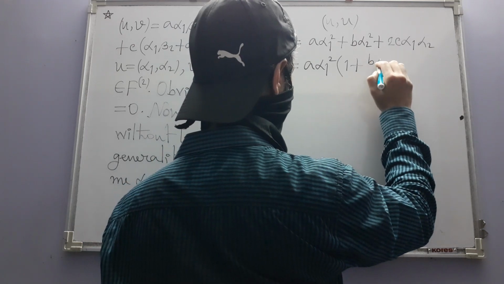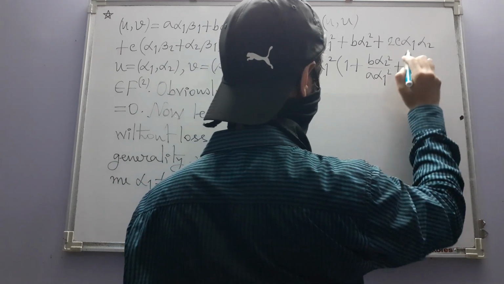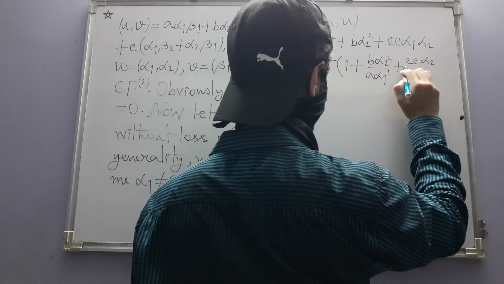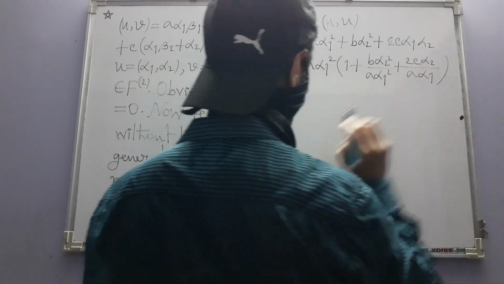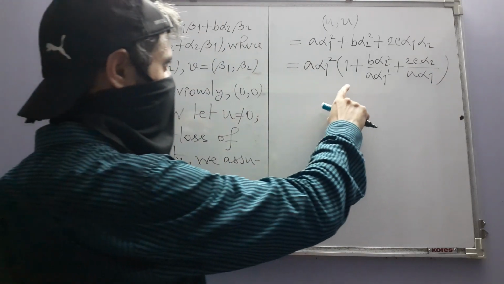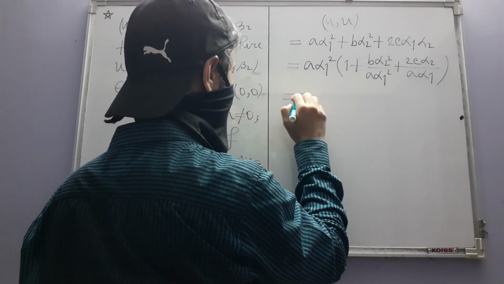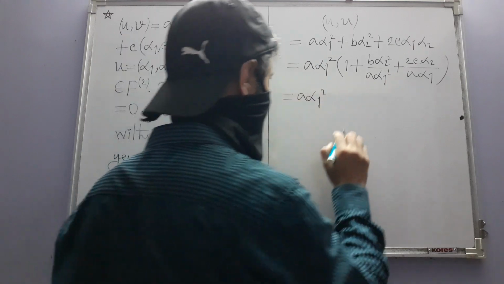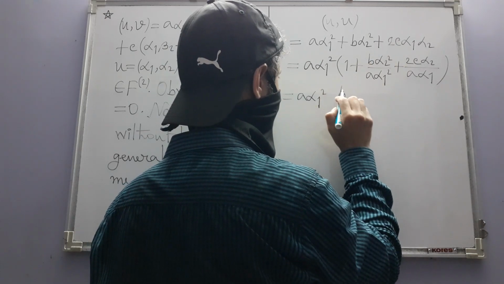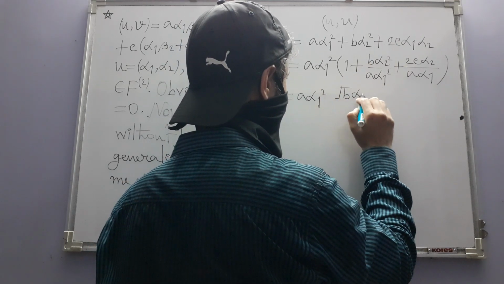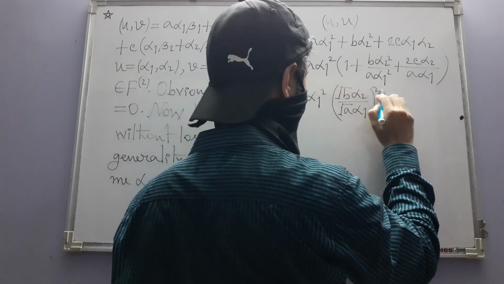We will then be left with this, 2c alpha 2 over a alpha 1. Now we are going to complete a square inside. You know what that means. For completing a square, we already have one term that can be written as a square, alpha 2 over square root of a alpha 1 whole square.